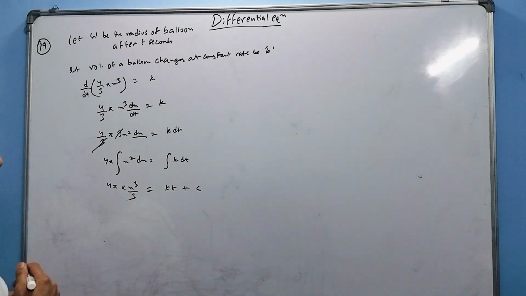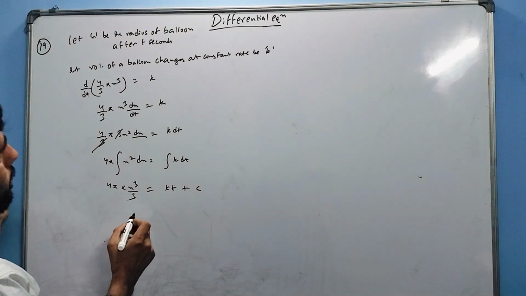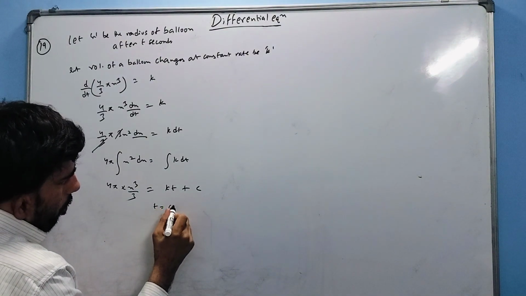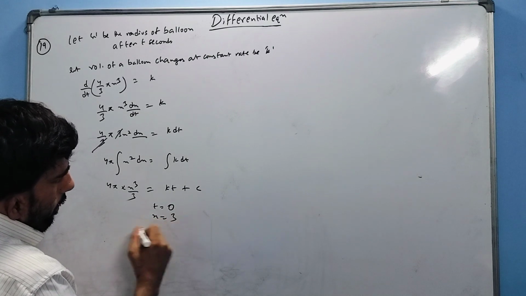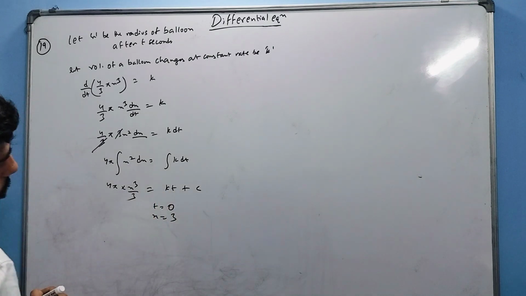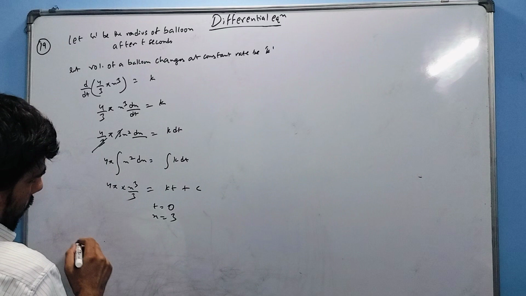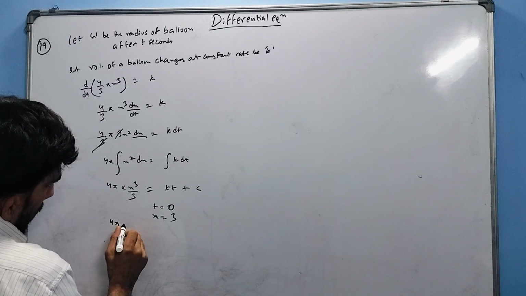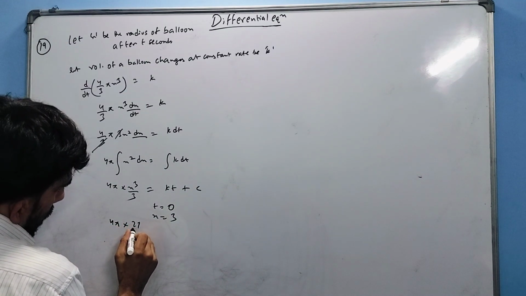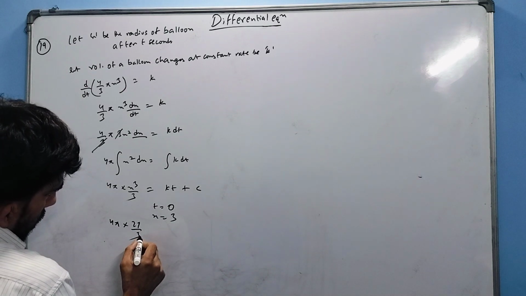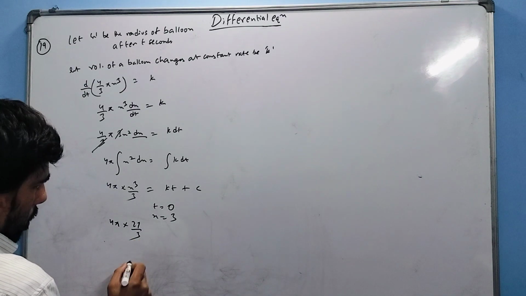Now they are saying that at the initial point t is equal to 0, the radius was 3 units. So if I put t is equal to 0, x is equal to 3, I got 4 pi into 27 upon 3 is equal to c.